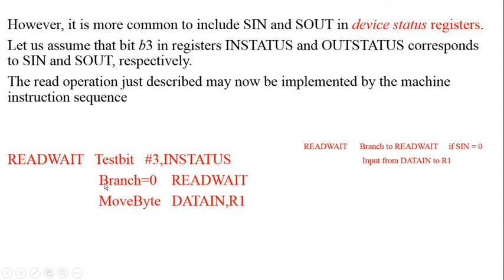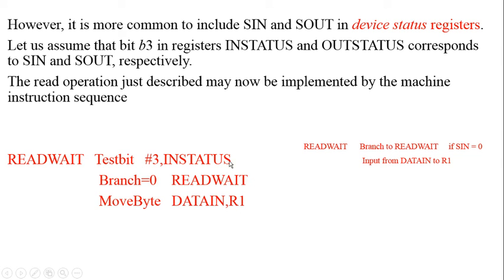Consider this machine instruction. Here we have Test bit 3, INSTATUS, meaning test the content of the third bit of the INSTATUS register. If it is 0, the processor continues in a wait state, and if it is not 0, then perform a data transfer from the data in register to the processor register R1.